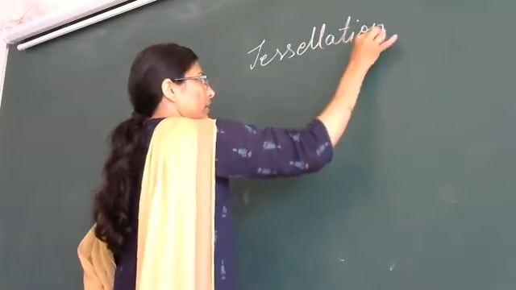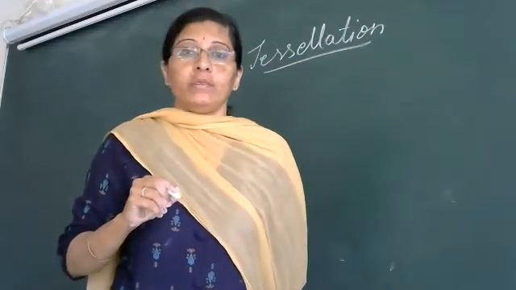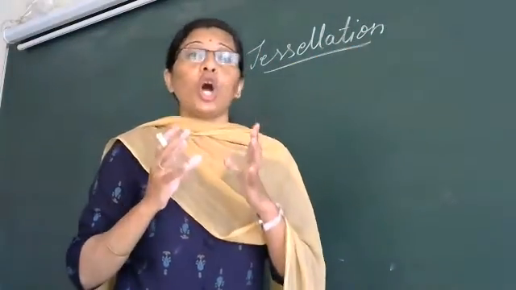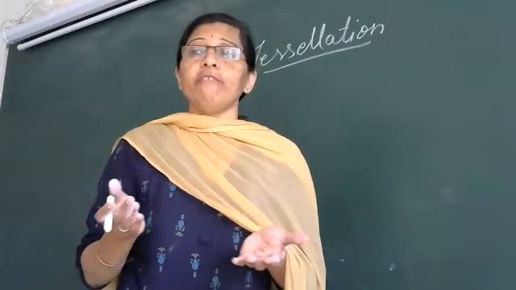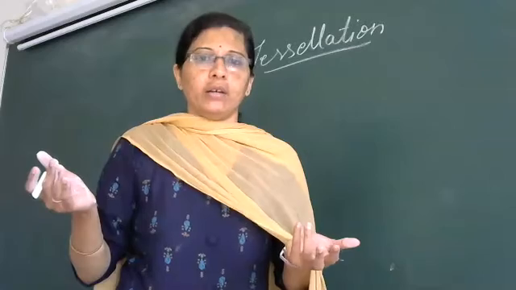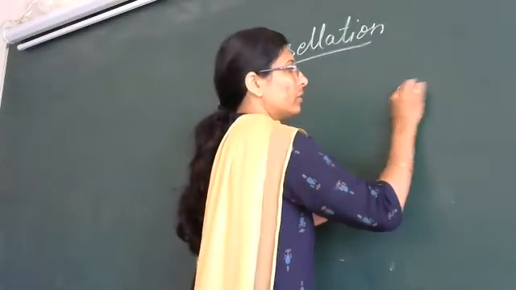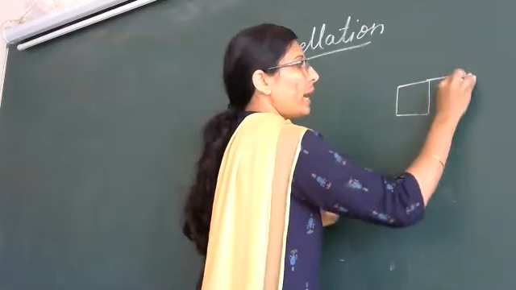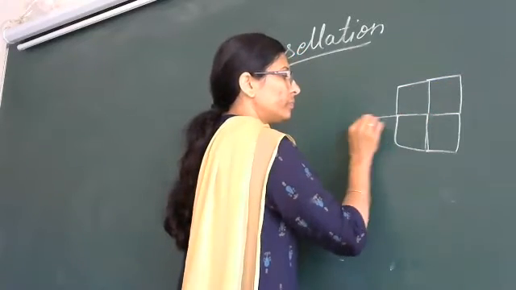Tessellation. Now I will tell you what we mean by tessellation. We saw that by using plane figures we can make different patterns. For example, if I take a square, with the square we can make different patterns.